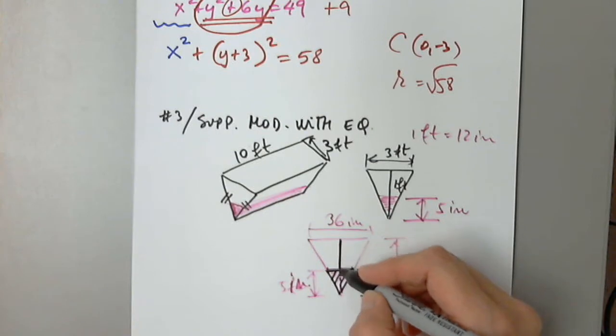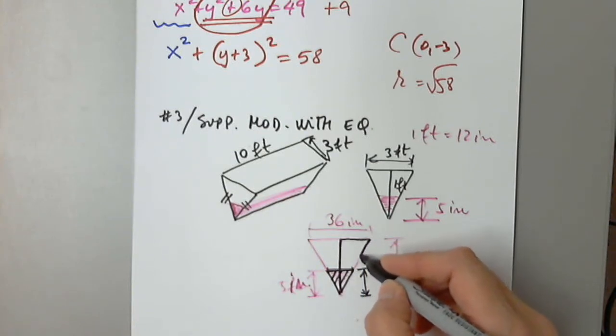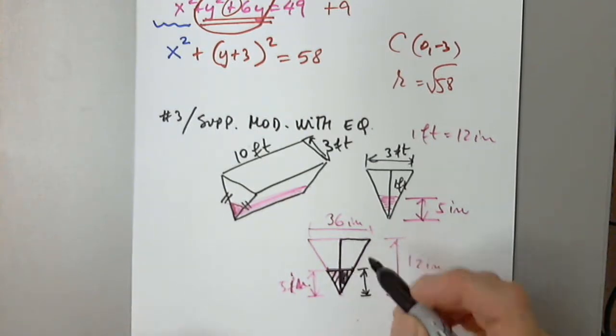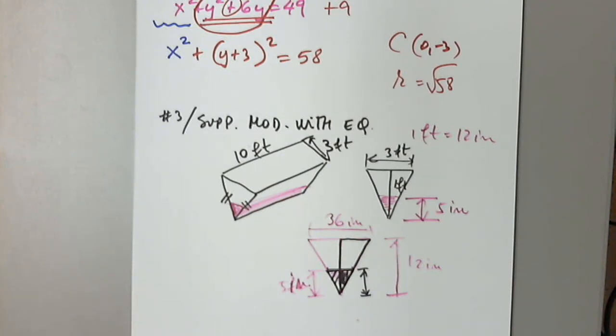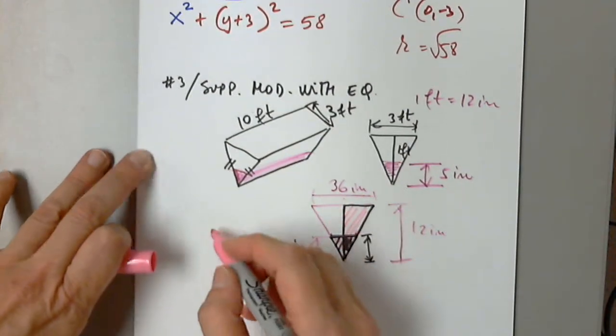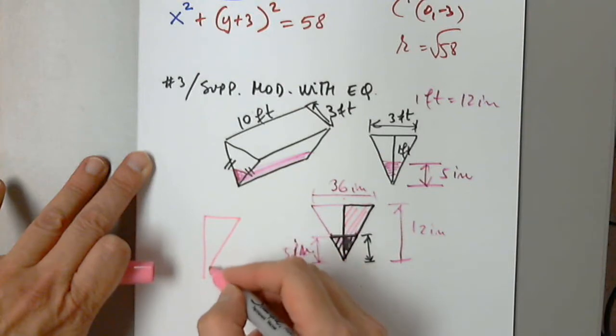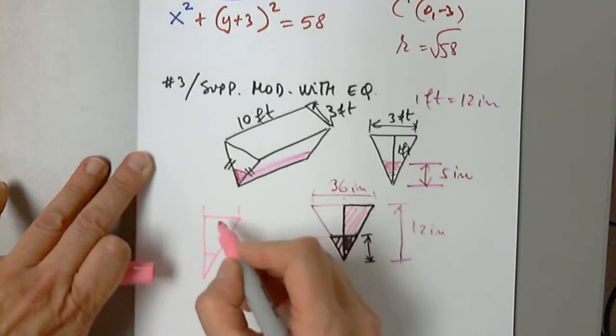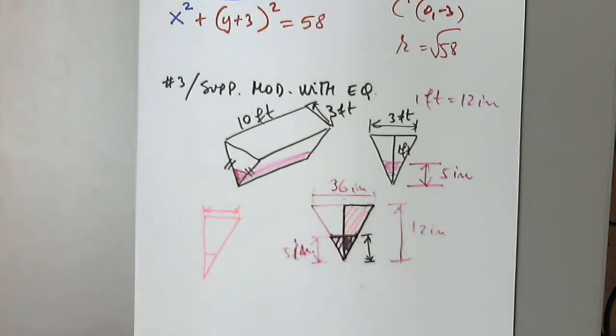And I will have to determine it using what? Similar triangles anyway. Ready? So for similar triangles, let's measure this. And we know what it is.